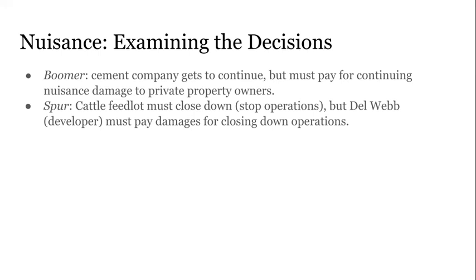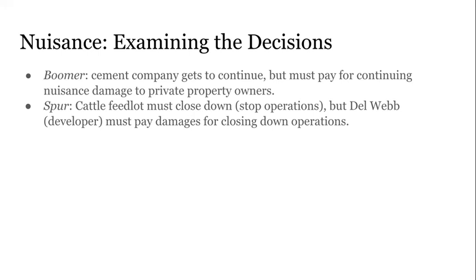And as a result, the development must pay damages for you closing down your operations. Another equation is developed, another determination on the future value, the present-day dollar value of the future operations of Spur, of the cattle feedlot of Spur Industries. And therefore a monetary amount is determined.